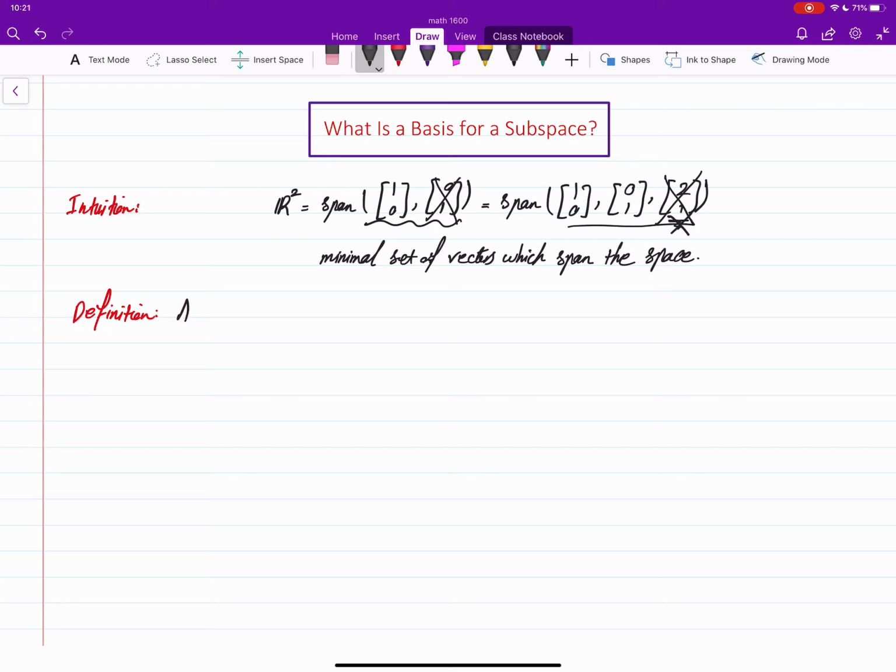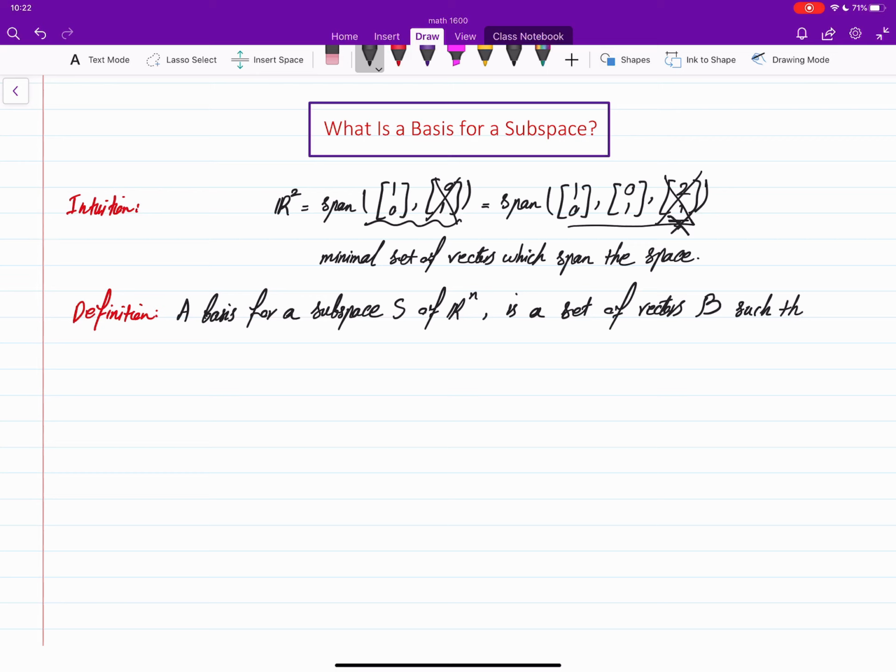A basis for a subspace S of Rn is a set of vectors, which I will denote by curly B, with this property.